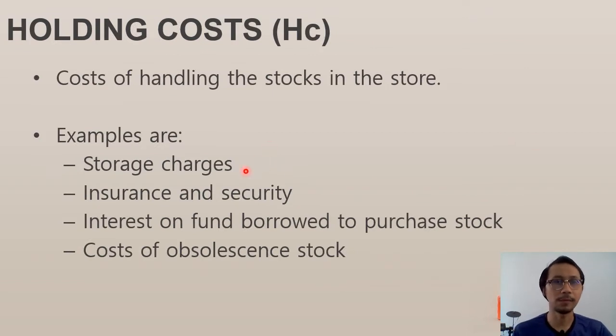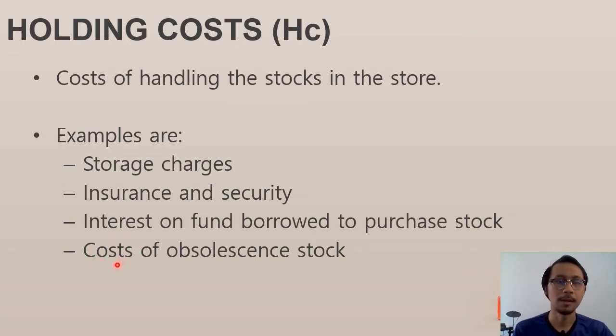Now, let's go to the definition of holding cost. Basically, holding cost is the cost of handling the stocks in the store. These are examples of holding costs that are always available in questions, such as storage charges, insurance and security, interest on funds borrowed to purchase stock, and cost of obsolete stock.